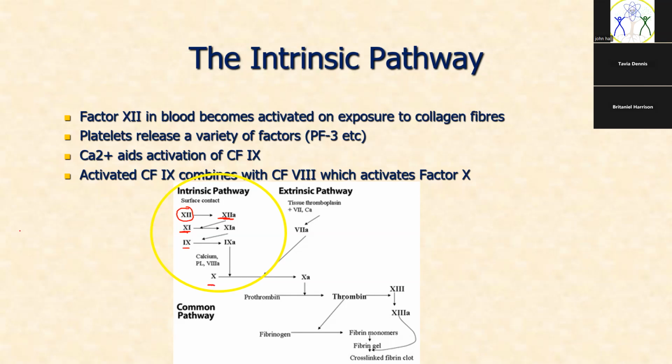So we go here 12 to 11 to 9 to 10. If you can remember 12, 11, 9, 10, you have remembered the intrinsic pathway. Okay? So 12, 11, 9, 10.